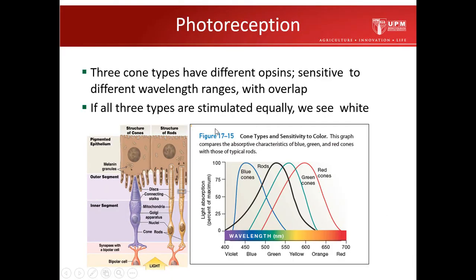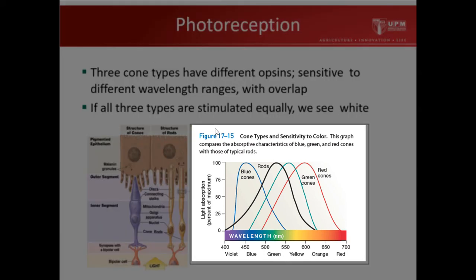Each cone has a different form of opsin that is sensitive to a different range of wavelengths. Their stimulation in various combinations is the basis for color vision. Although their wavelength sensitivities overlap, each type is most sensitive to a specific portion of the visual spectrum. If all three cones are stimulated, we perceive the color as white.